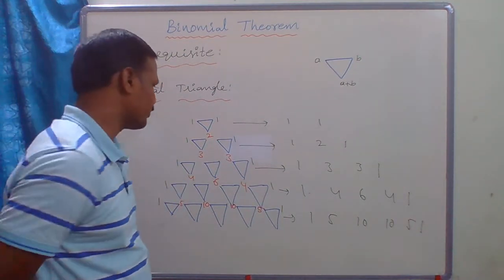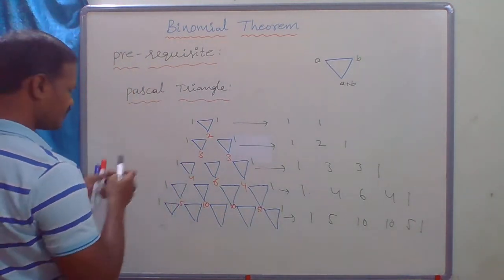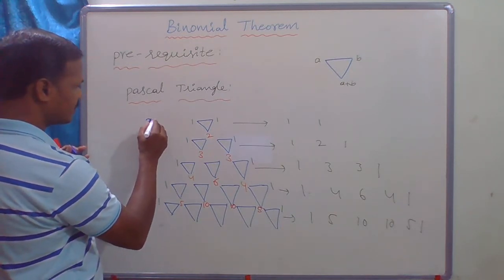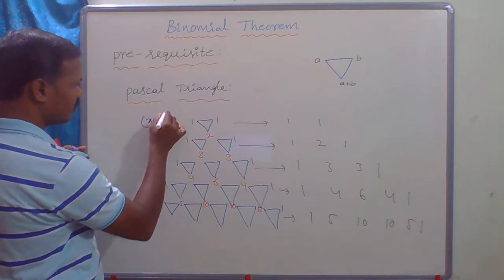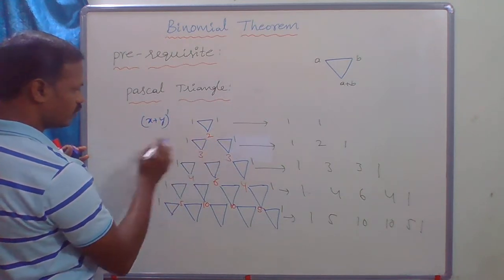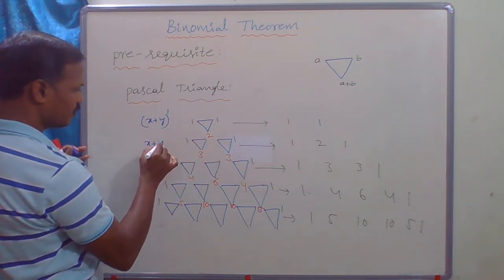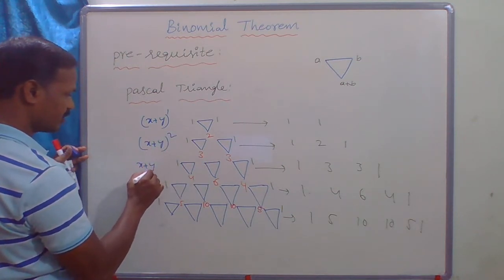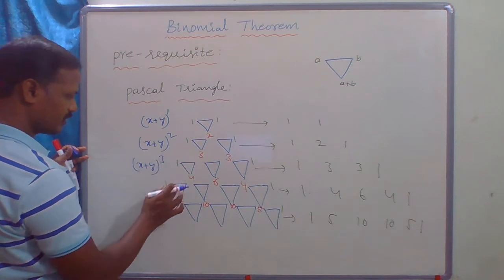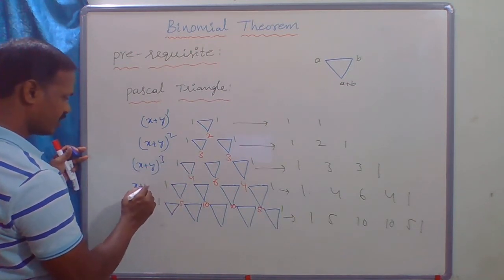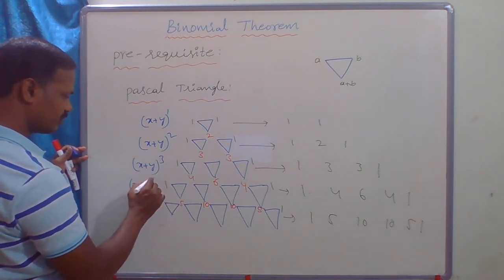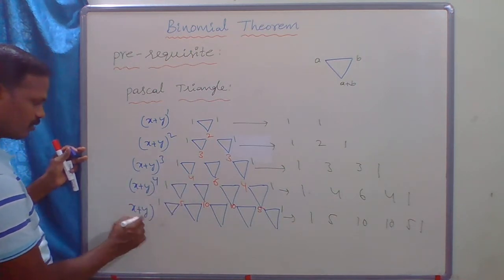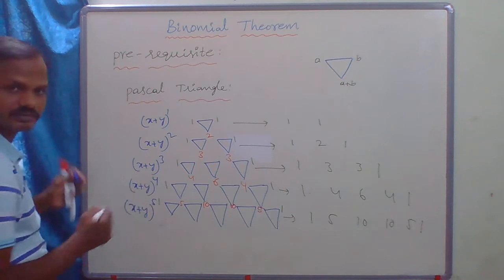Here 1 1 is x plus y power 1. Here 1 2 1 is x plus y whole square. This one is x plus y whole cube, this one x plus y whole power 4, and here x plus y whole power 5.